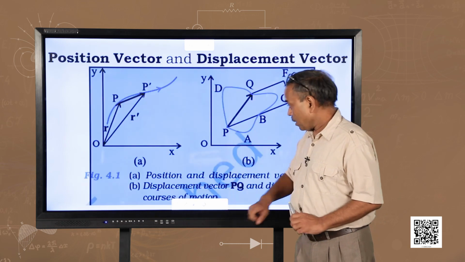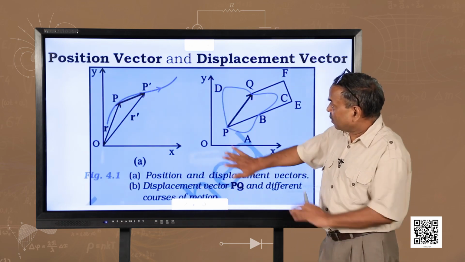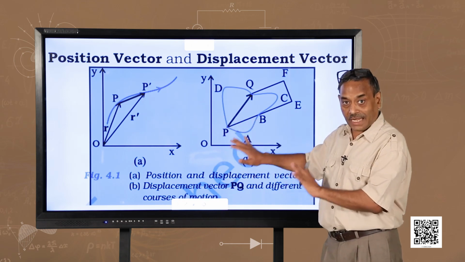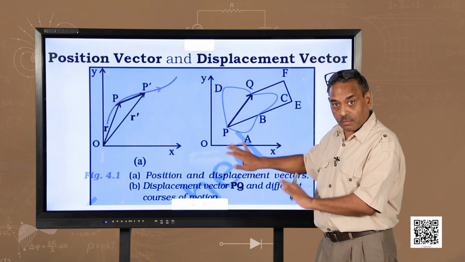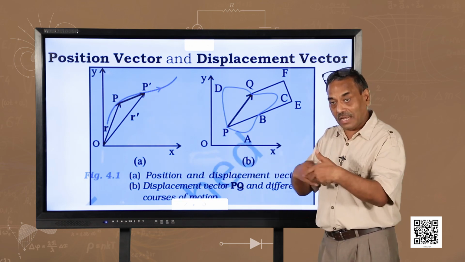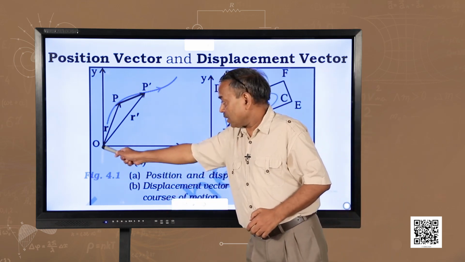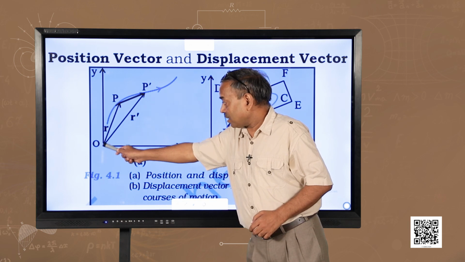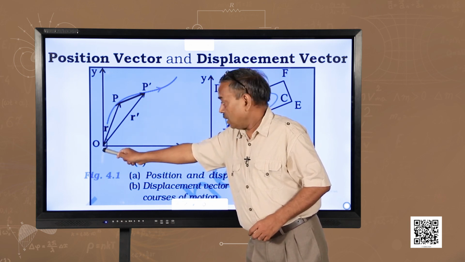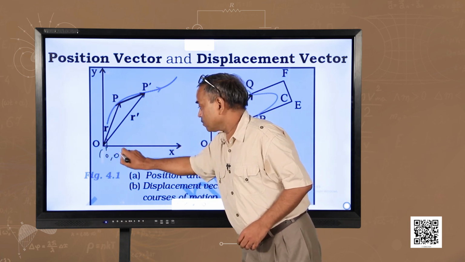Now, coming back to the position, I have taken these diagrams right from your textbook, just for the sake of clarity, so that you can match them very well. The initial position is considered as the origin O of the Cartesian coordinate system, so its coordinates are 0, 0.